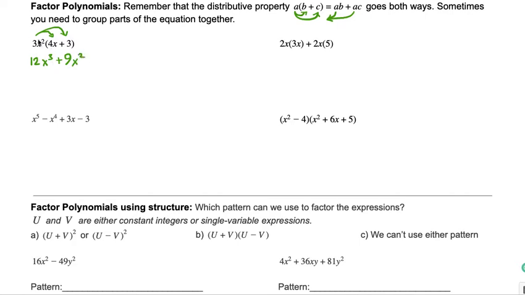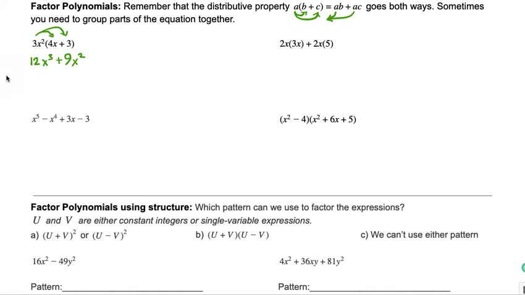So we can factor out the 3x squared, and if you really want to check this, and we will real quickly, we can do our factors. This shows that 3x squared is actually the factor that we can pull out, and there's nothing else.